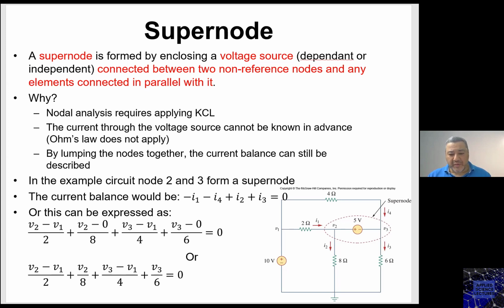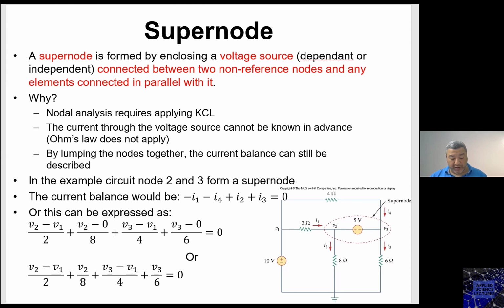I have two variables, and now I created a binding condition, such that one voltage is greater than the second voltage by the amount of voltage that the voltage source is generating.